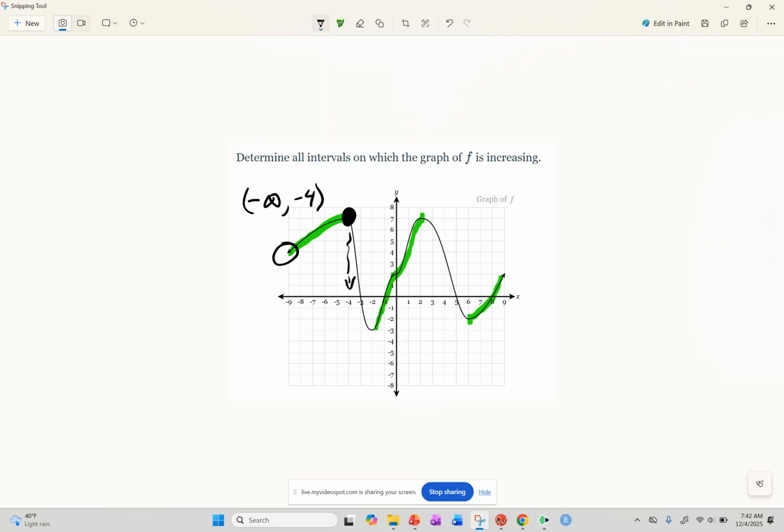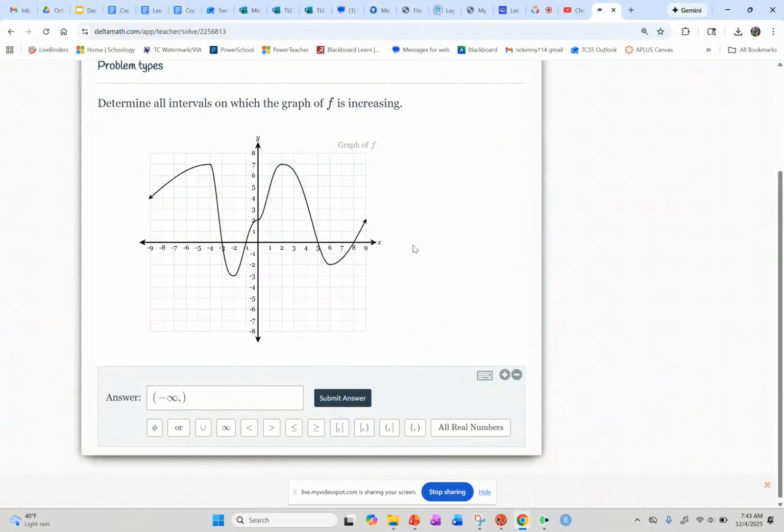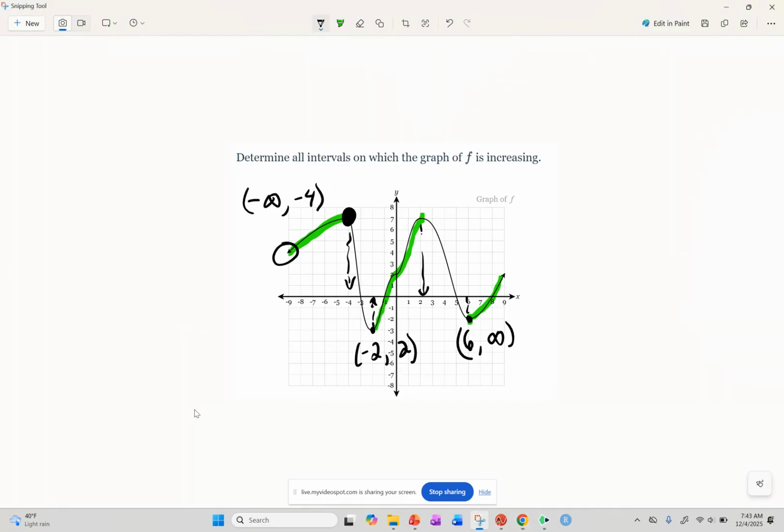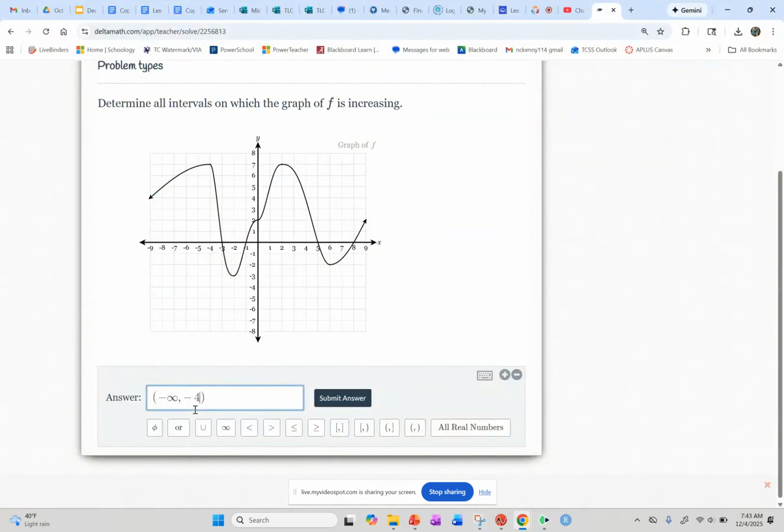We always use open intervals on this. It starts back here, negative 2 is the x value, the domain value where it's increasing, and it stops increasing at a positive 2, and then positive 6 to infinity. And so those are the intervals that I want to put. The main thing I want to note here, and you may need this for the domain part later as well, so negative infinity to negative 4.